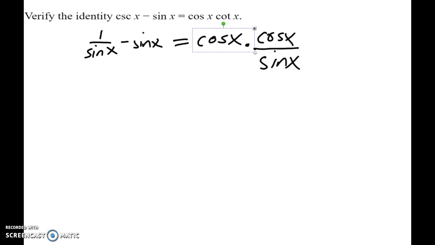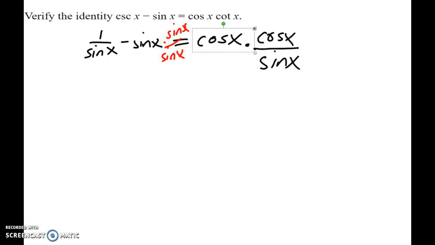Next, we need to make each side a single fraction. Over on the left side, we've got a subtraction happening. So to make subtraction work, we are going to need to multiply by a common denominator, so sine over sine.